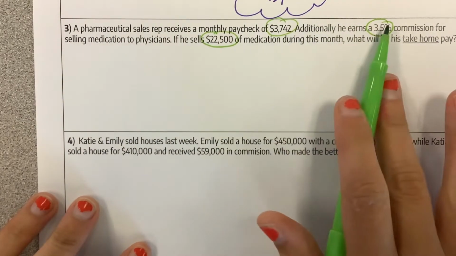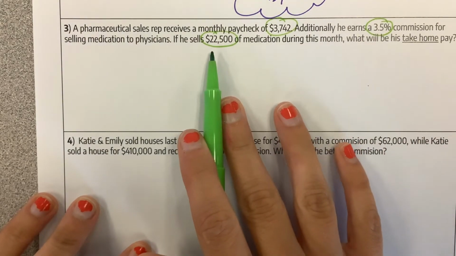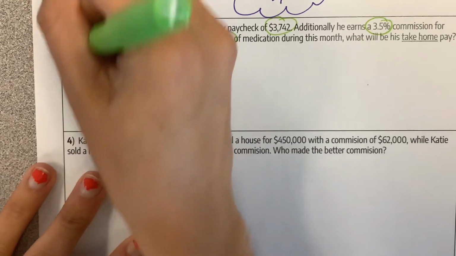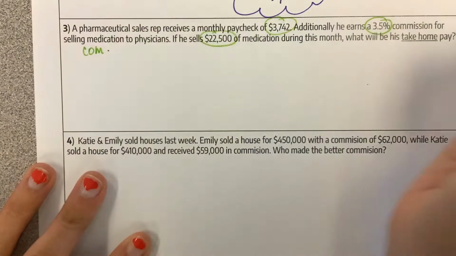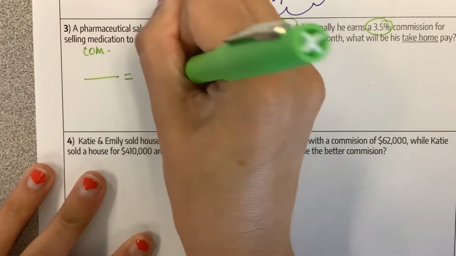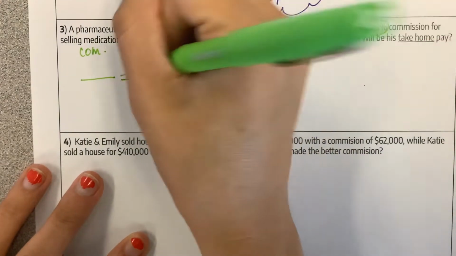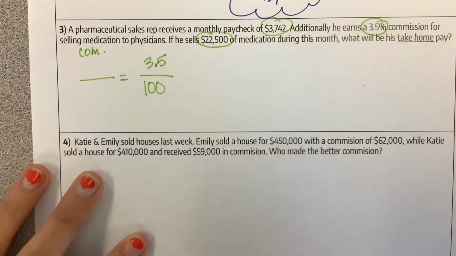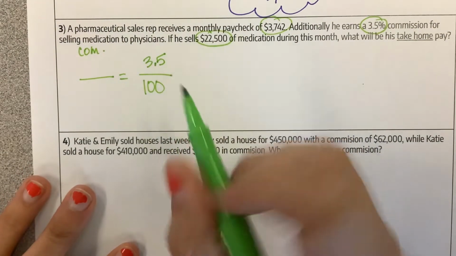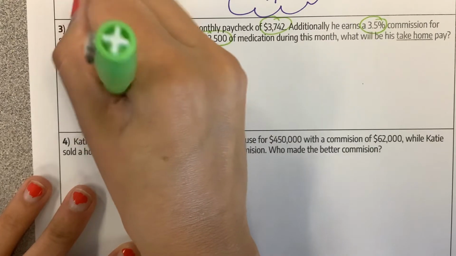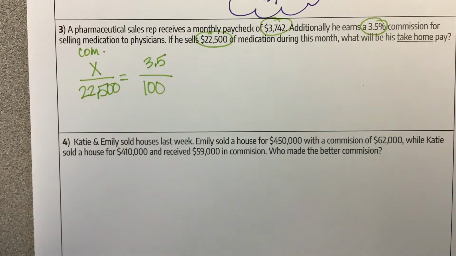First, we just got to figure out what is 3.5% of this $22,500 worth of medication he's selling. So I'm going to find the commission by setting up a percent proportion. We know the commission rate is 3.5, and we know the total amount that he sold, our whole, is $22,500. We are trying to solve for what is that in dollar amount for his commission.